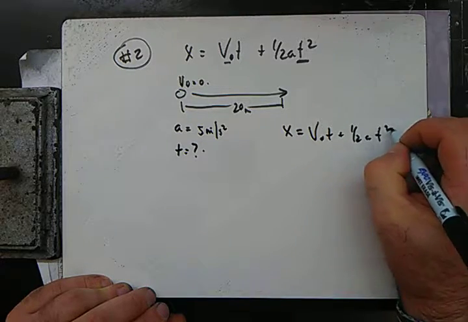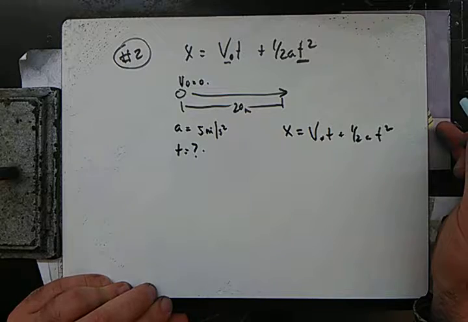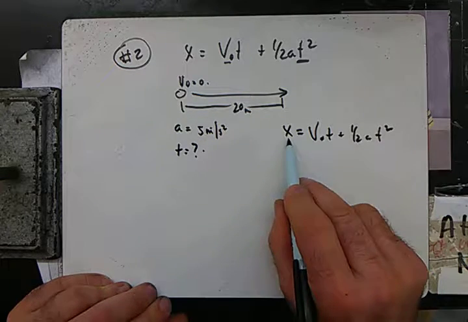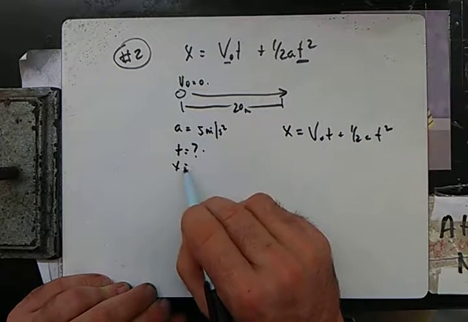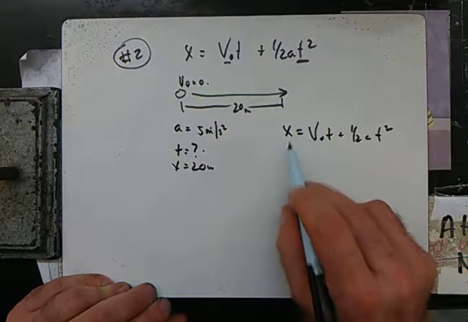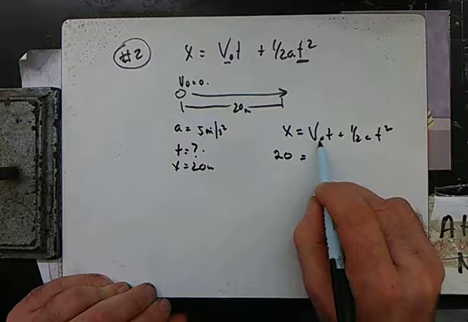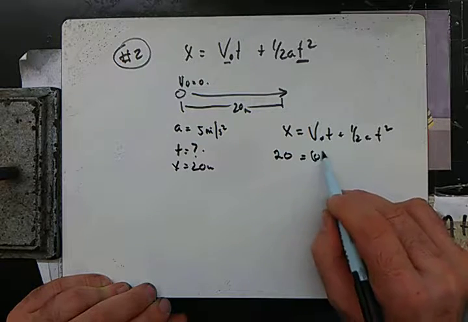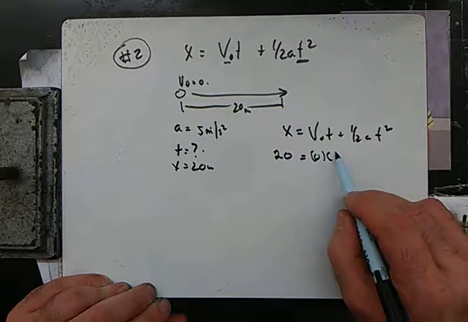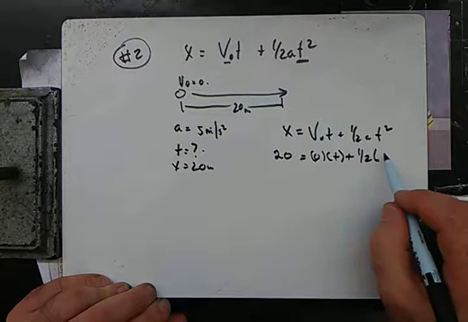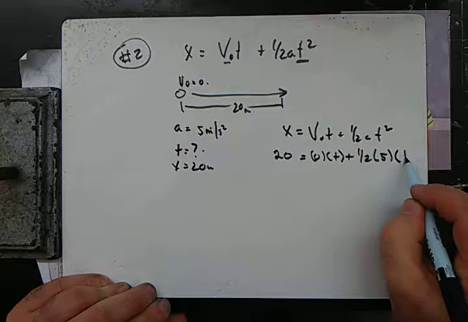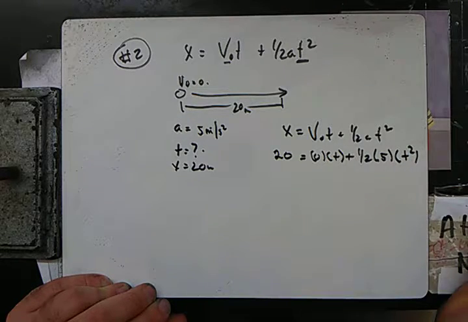Okay, there's our chosen formula. We know x is 20, so let's plug that in. Initial velocity is 0. Time is question mark, plus half. a we have as 5, and then t squared.